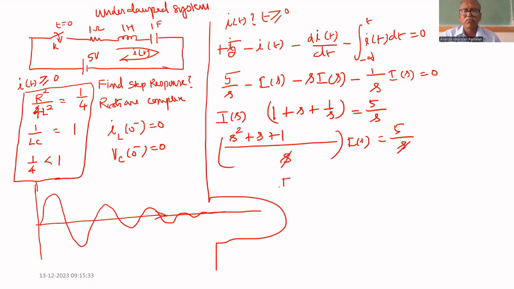Therefore, I of S equal to 5 divided by S square plus S plus 1.